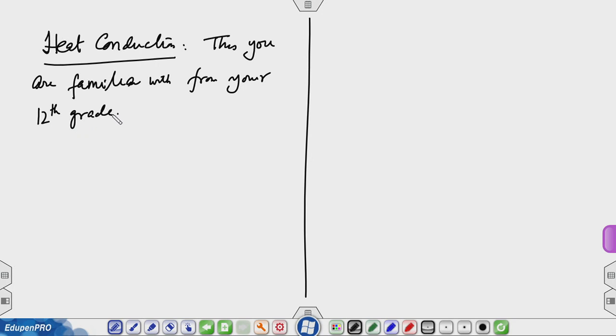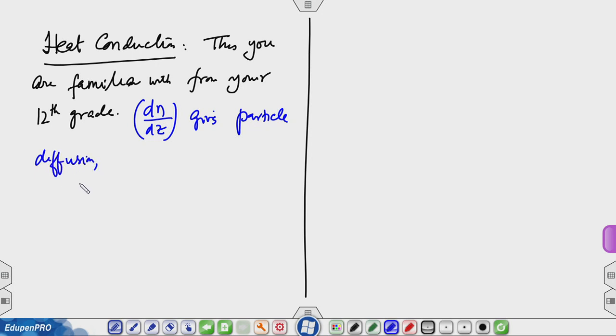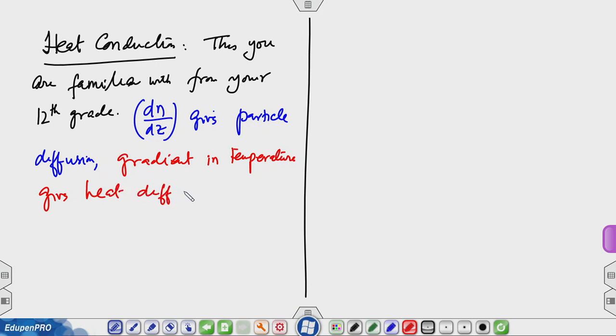Now, just like the gradient in density gives particle diffusion, similarly gradient in temperature gives heat diffusion.